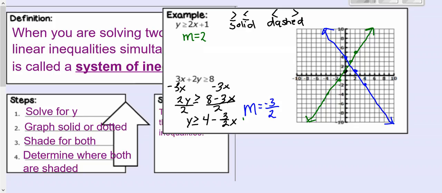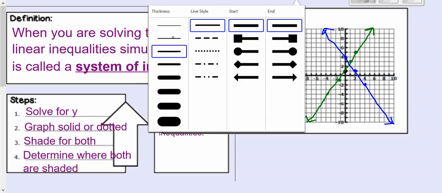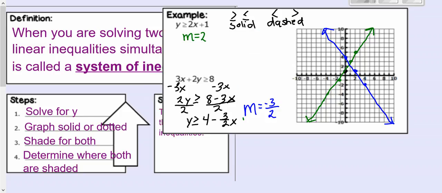Okay, so now I need to shade for both. Let's start with my green line. My green line is greater than or equal to. So I'm looking where I would shade for it to be greater than or equal to. I know I need to shade above the line, but I also could use my test point. So I'm going to use my test point of 0, 0, my origin.